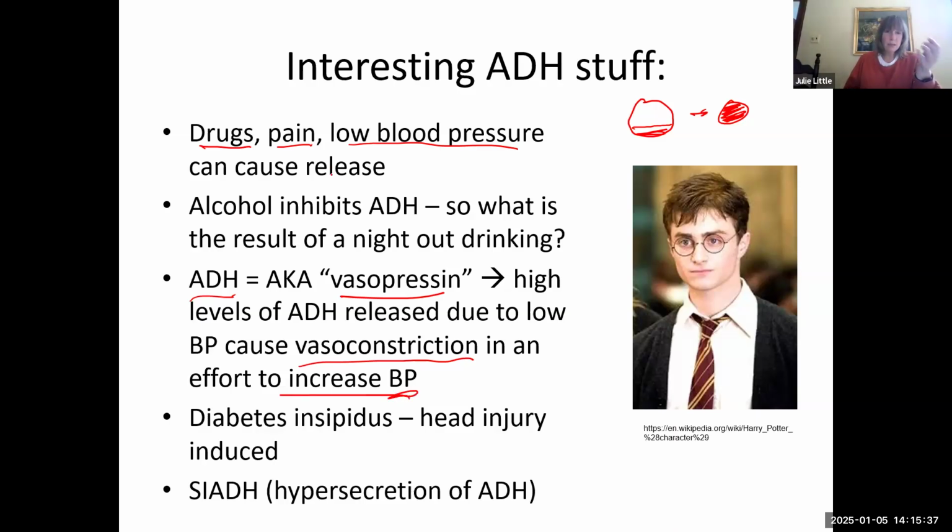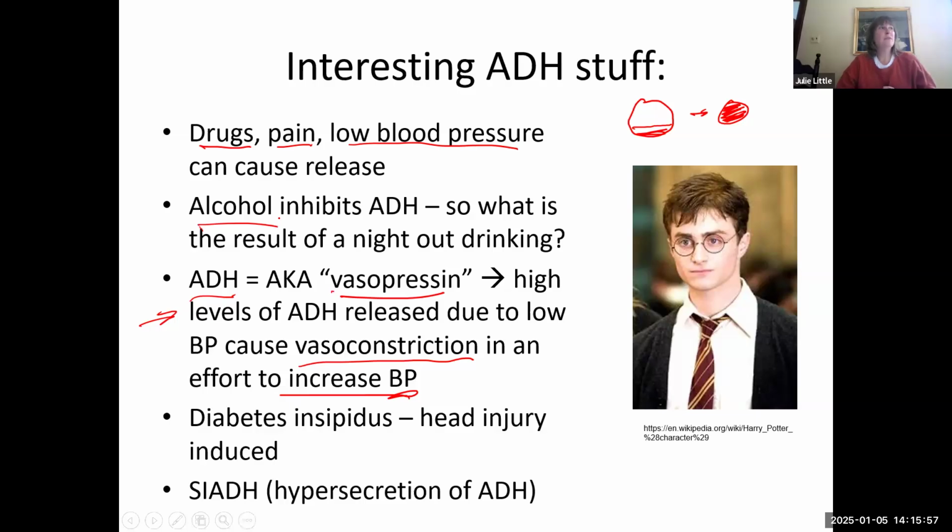Certain drugs can cause an increase in ADH production, so you have higher blood pressure. If you have low blood pressure in itself, like in this example where you're hemorrhaging, that will release ADH. Sometimes when you're in pain, that can cause the release of ADH. What inhibits the release of ADH is alcohol.